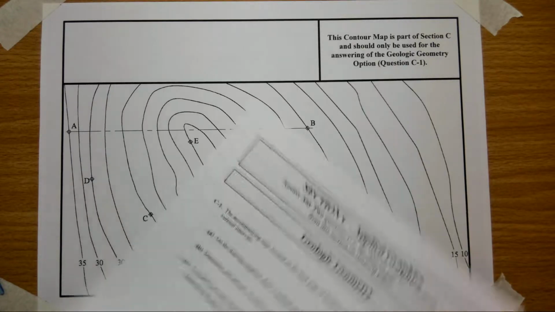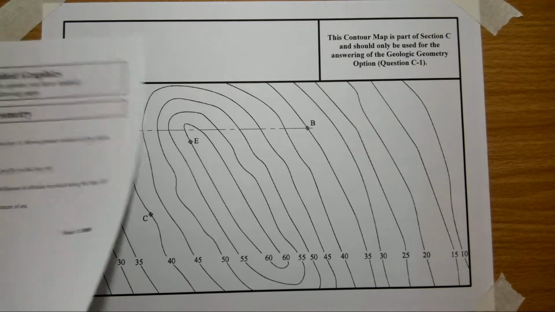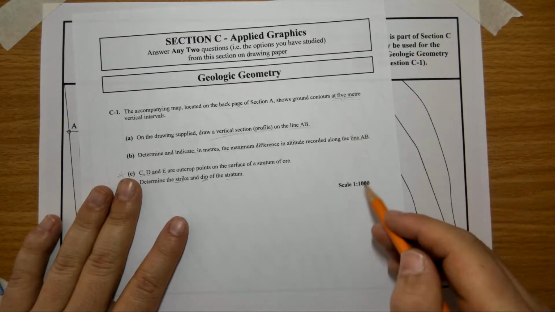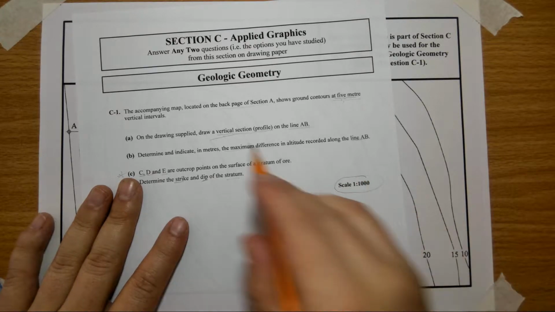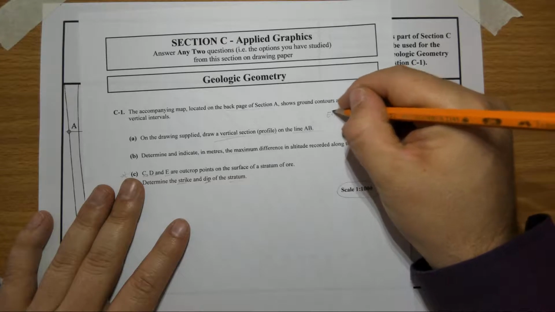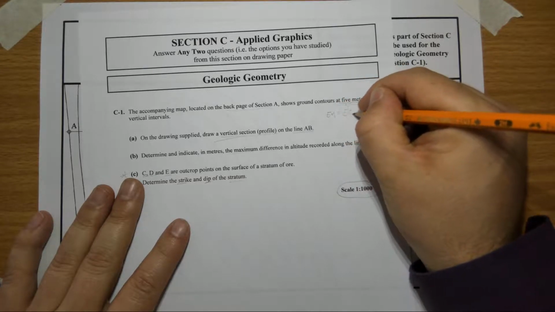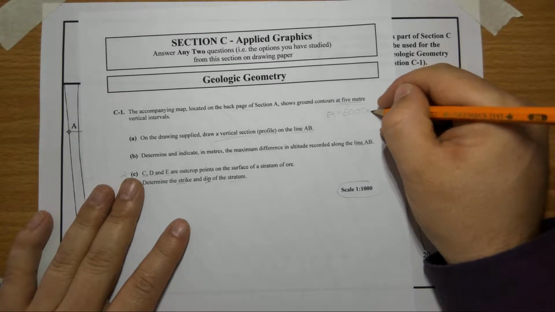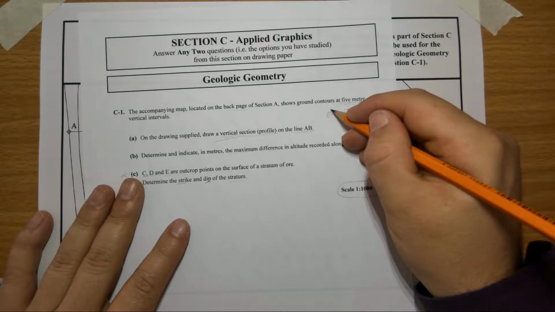So I'm going to start with the basic concept here, which is to determine the scale. So scale 1 is to 1,000 and we have to do a vertical section profile. So 5 meters equals 5,000 millimeters.